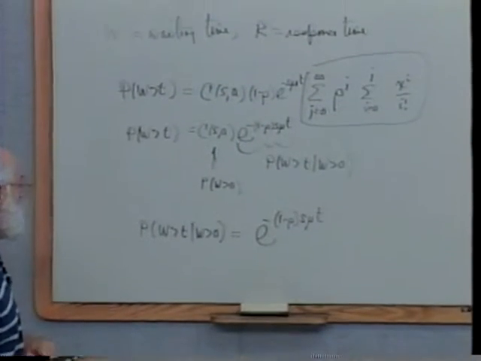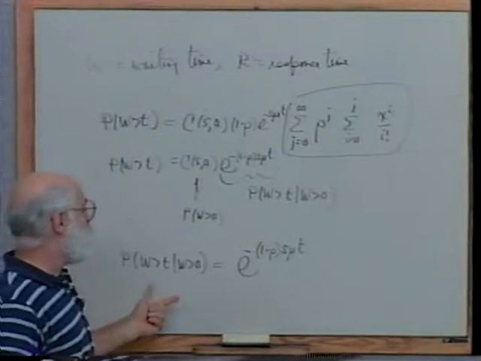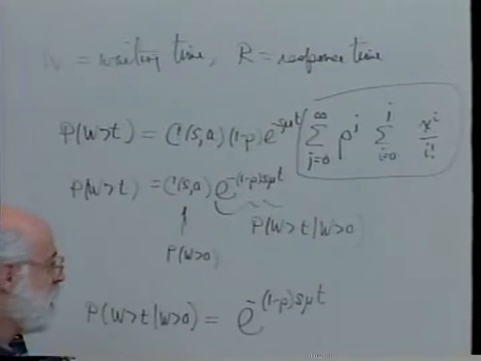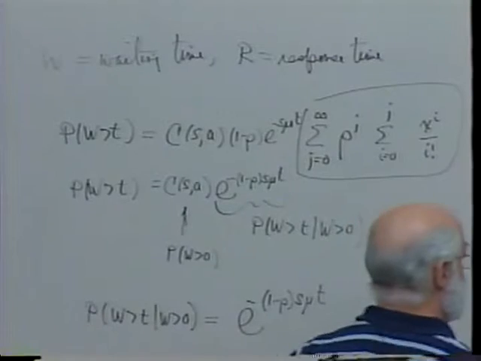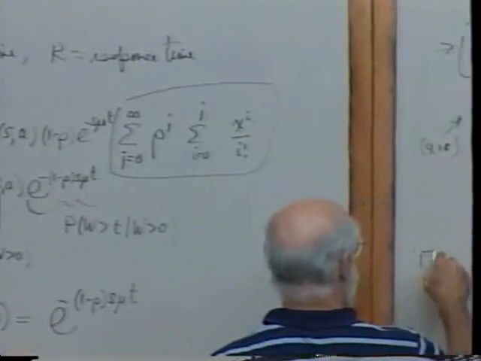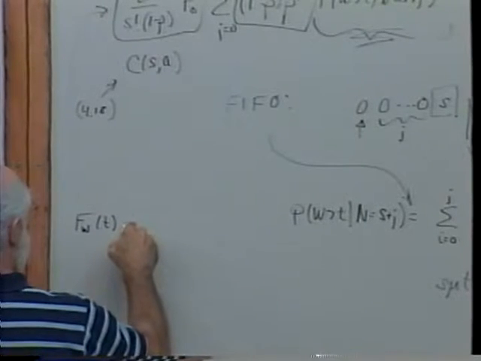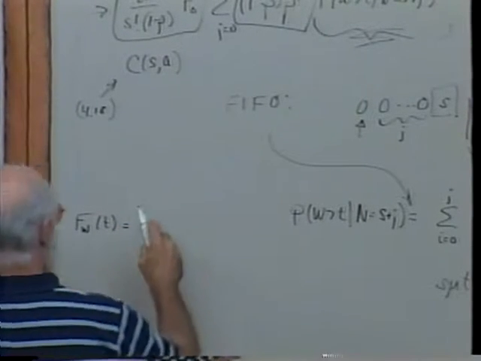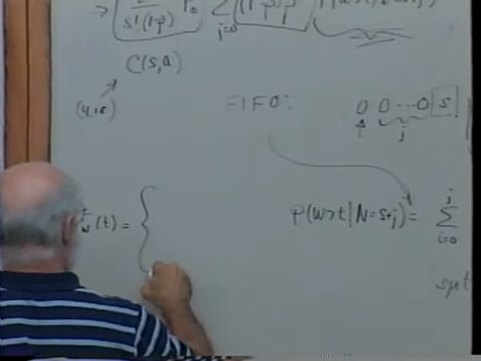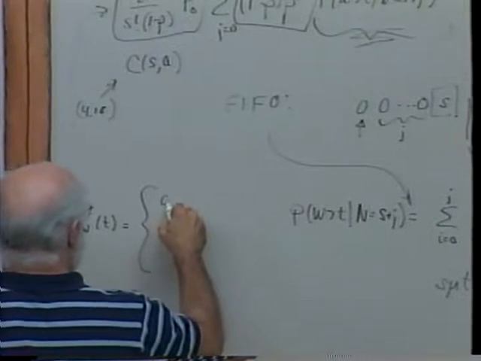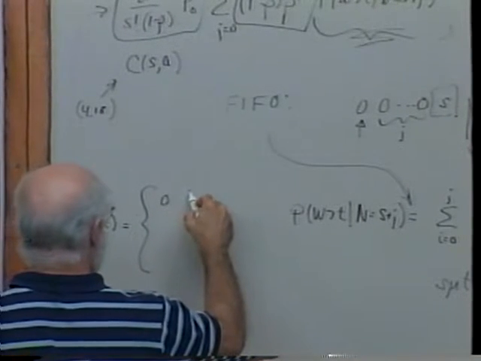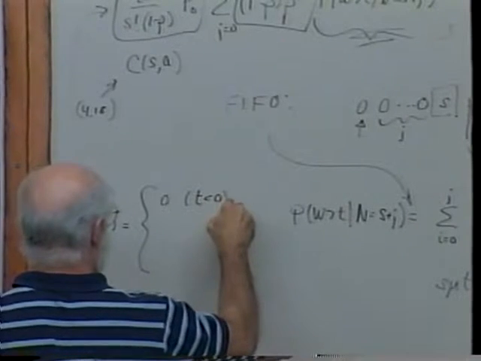All right, now, suppose I wanted to draw the graph, or suppose I wanted to worry about the distribution function, because we started off saying we wanted to calculate FW of t. Well, what's FW of t? If t is 0, of course, it's 0. If t is negative, I should say, it's 0.